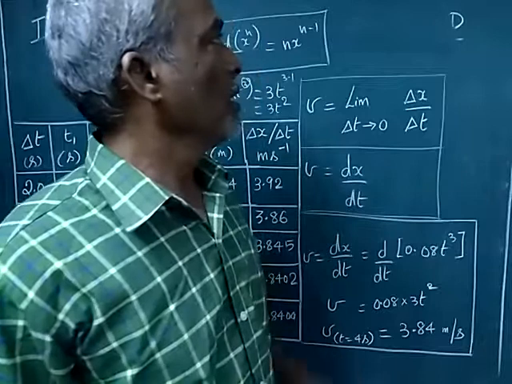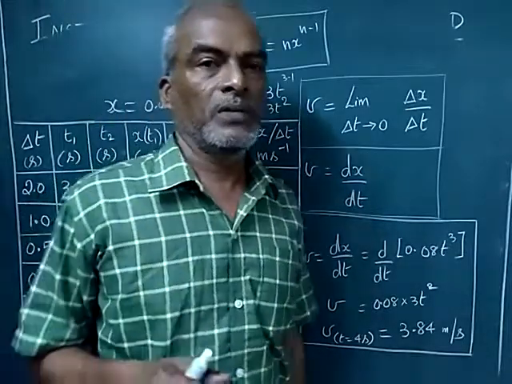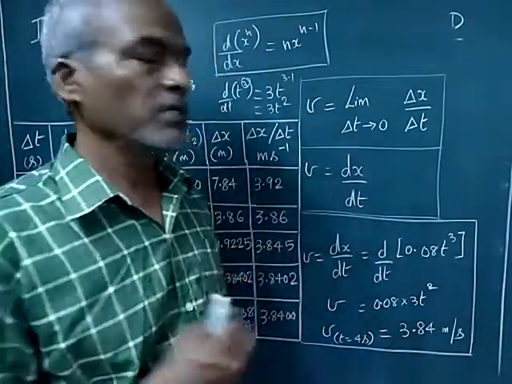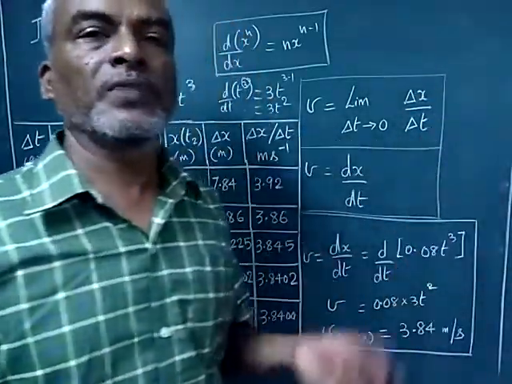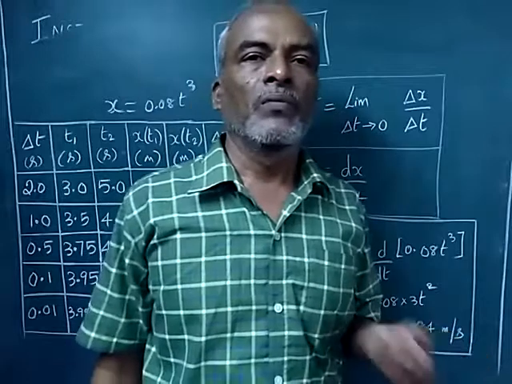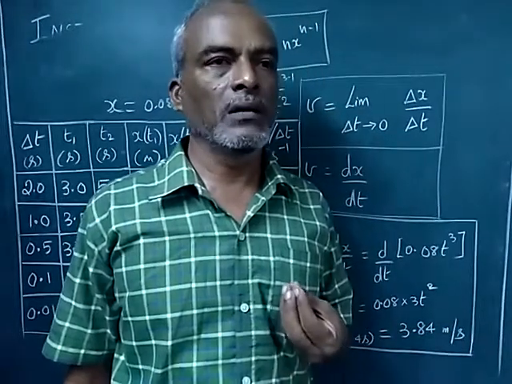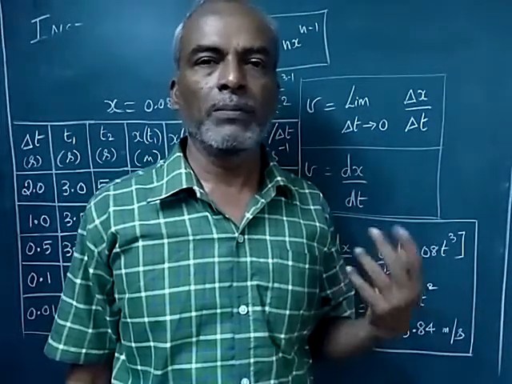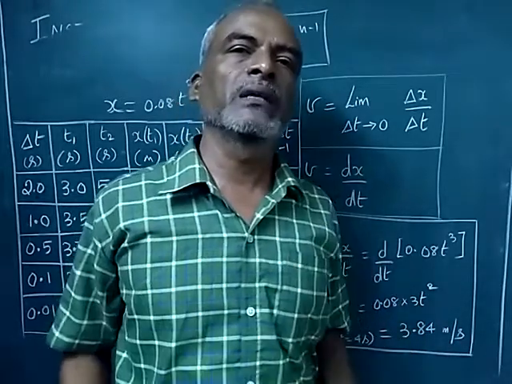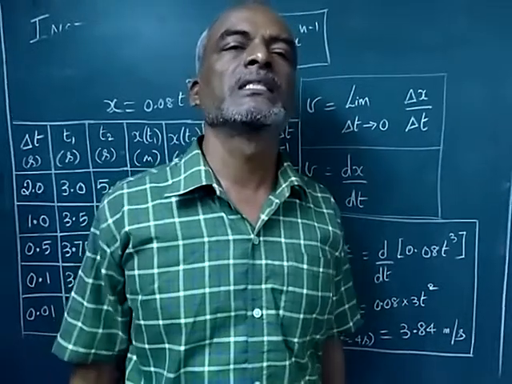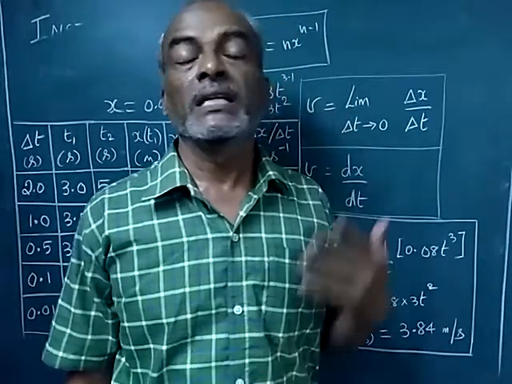Then we have instantaneous speed. The other topic is we have to find out the instantaneous speed. How to find instantaneous speed? Instantaneous velocity has direction. It can be plus or minus. It takes some direction. If you take the magnitude of the instantaneous velocity, you will get instantaneous speed.